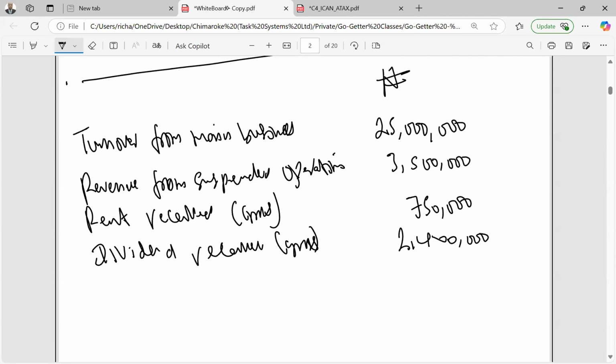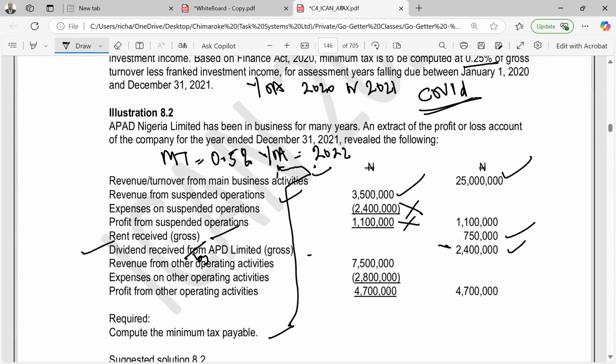So this is dividend received by them, not received from them. If it is received from them, they are the ones paying out, so that will not be an income.